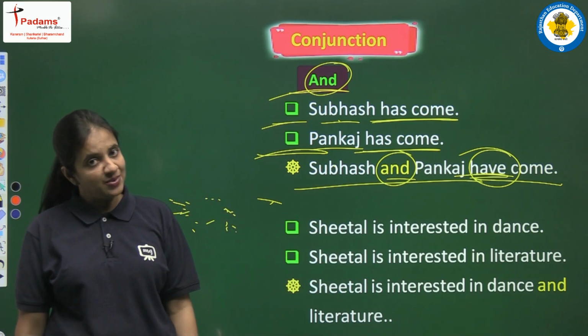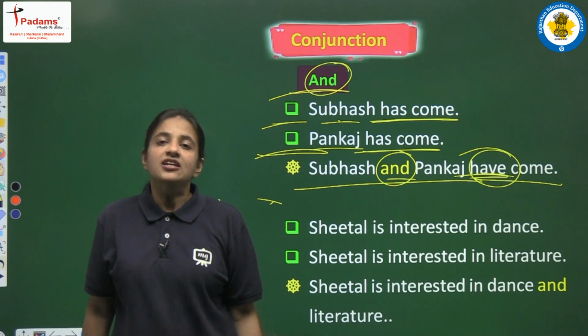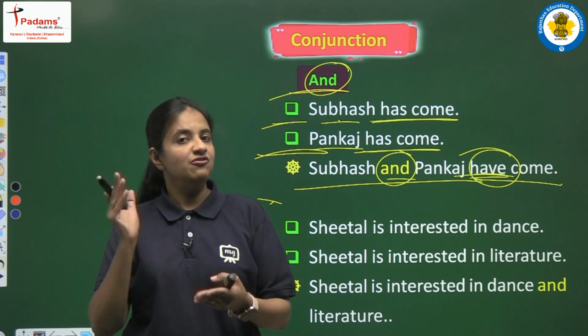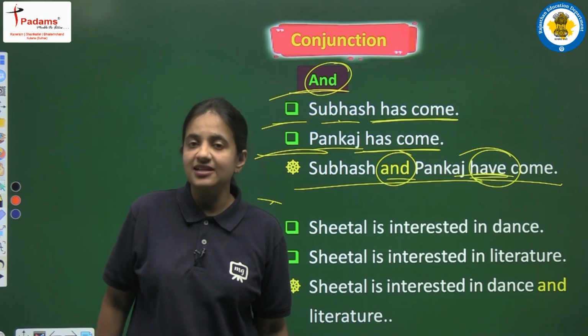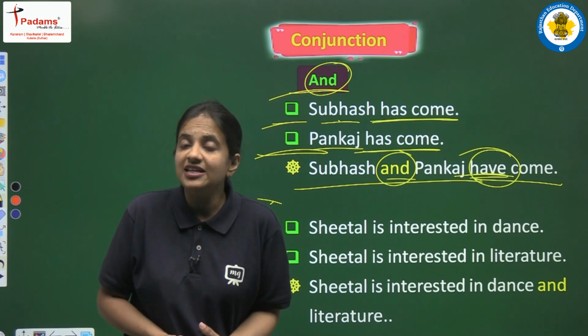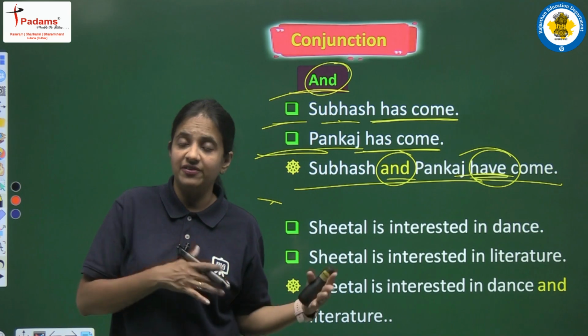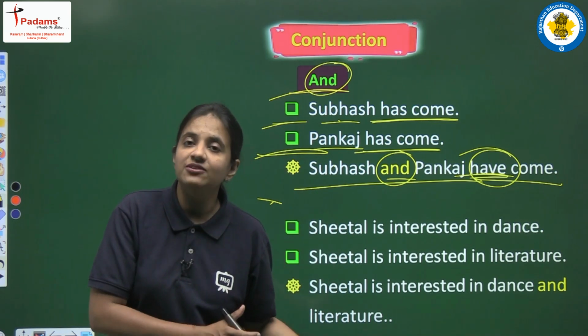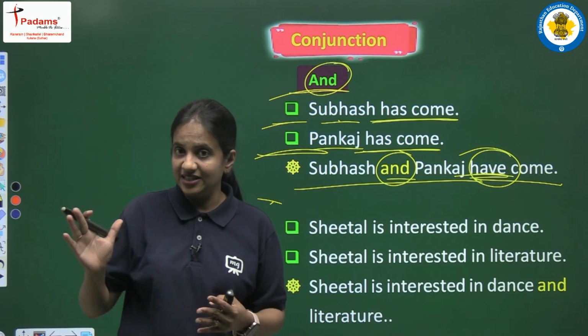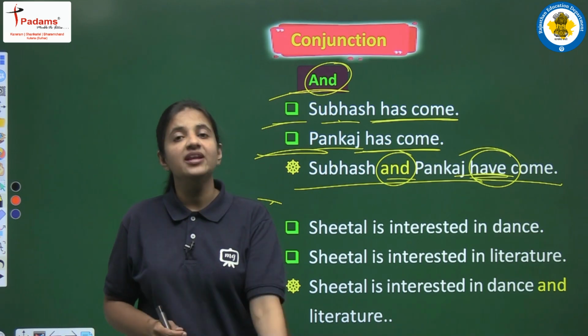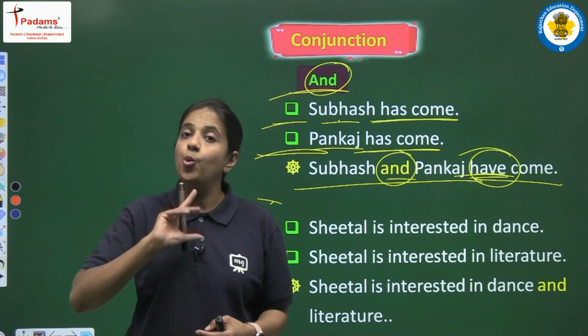Okay, so in this manner we have to use the conjunction. So basic things are clear here. The first thing is that in such sentences we will find some common things, some similar things, and some part of the sentence will be different. So the different part will be connected using the conjunction, and the common part we have to write only one time.